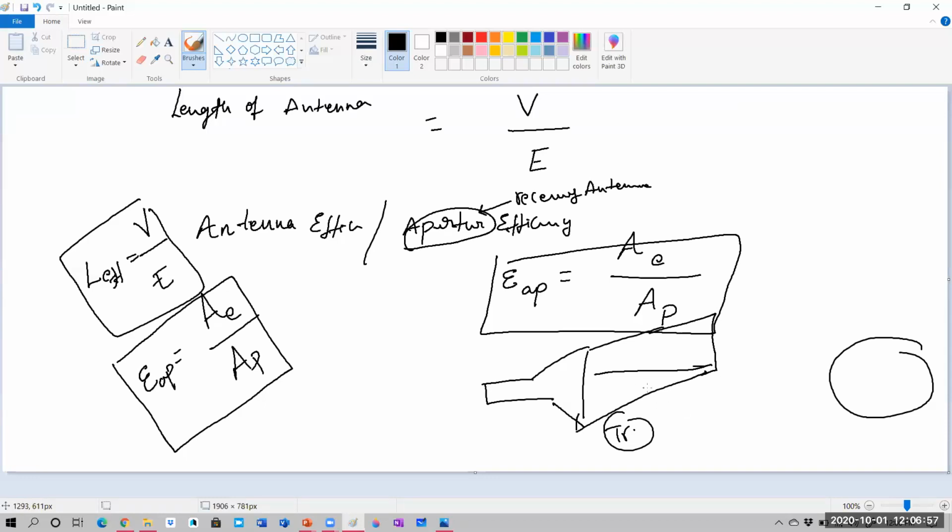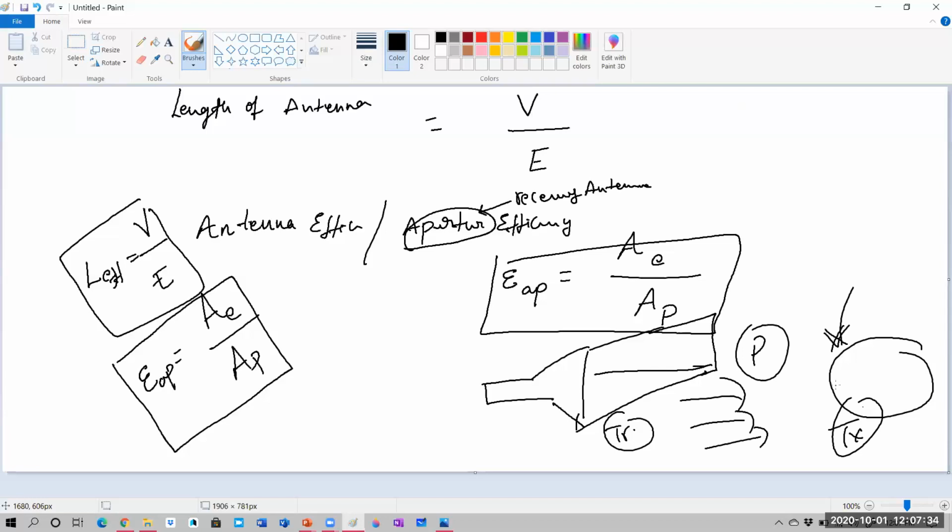Suppose this transmitting antenna is delivering some electromagnetic waves, some radiated power. The available power received by the receiving antenna is explained in terms of its aperture. The aperture means available space, available area. So this is about the length of the antenna and antenna aperture, antenna efficiency or aperture efficiency.